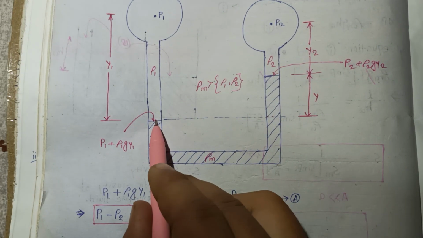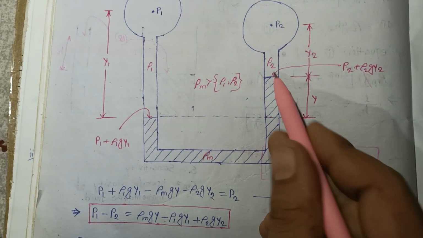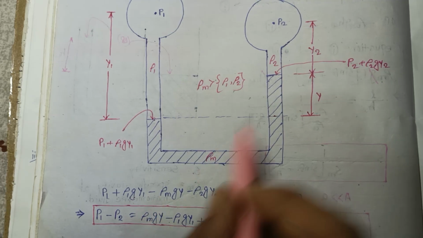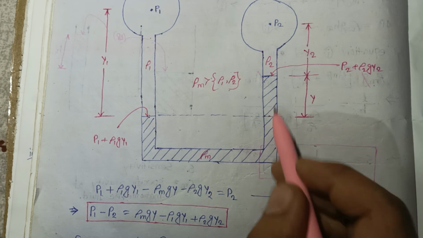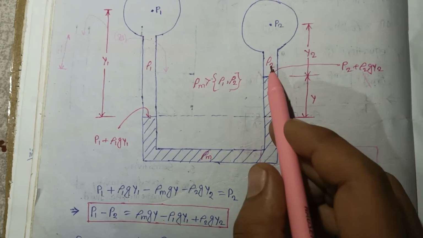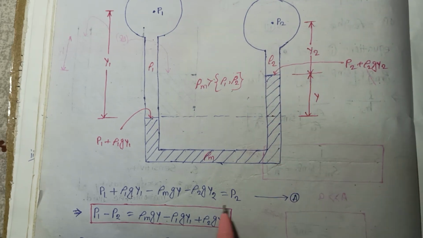Going upside, the sign will be negative, so minus rho m g y, where rho m is the density of mercury, the manometric fluid, minus rho 2 g y2, that is equal to P.